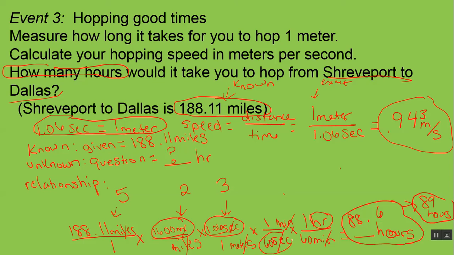And then remember that these are exact amounts, which means they have no significant figures. So as we're solving this problem, since we're doing multiplication and division, the least amount of sig figs is 2. So in the end, we round to 2 sig figs. So 88.6 becomes 89 hours, and then that would be it.